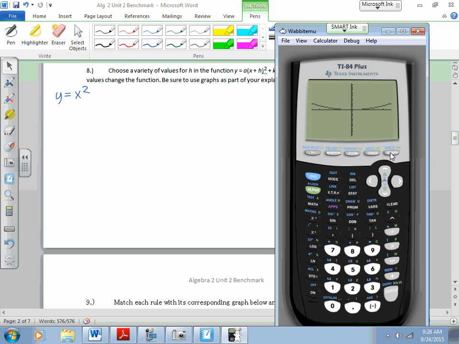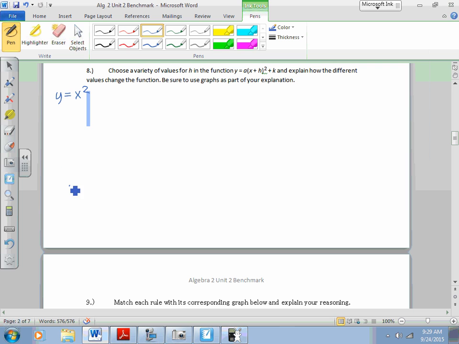So an easy way to fix that is zoom it into the standard 6. Okay, 6. That shows increments of 1s on the x and increments of 1s on the y. Is that what your graph looks like? Yeah. All right. Do me a favor, draw a rough sketch of it underneath. Everybody agree it goes through the x-axis and the y-axis at the origin? And it just opens up here.